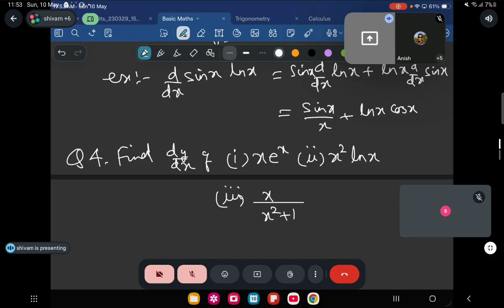What division? You want to divide x by x squared plus 1? Can't you see that the degree in the numerator is 1 and the degree in the denominator is 2? How can you divide? So we have to use the quotient rule, right? Of course, quotient rule.